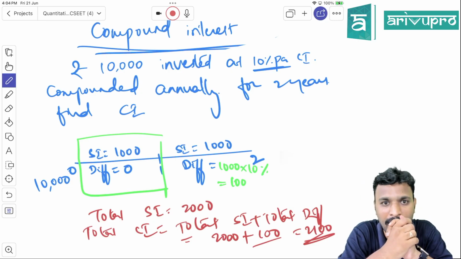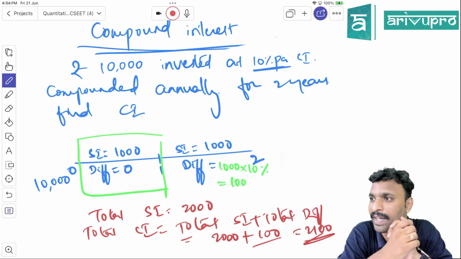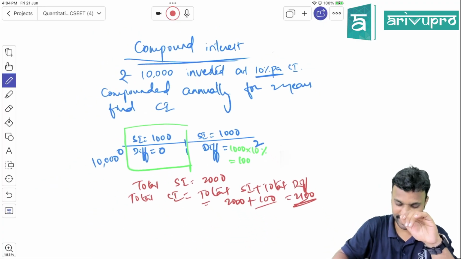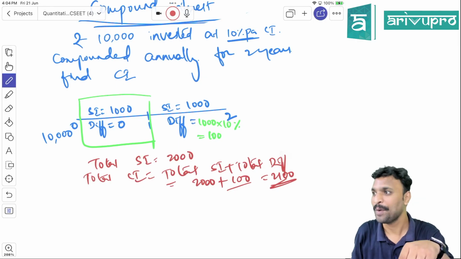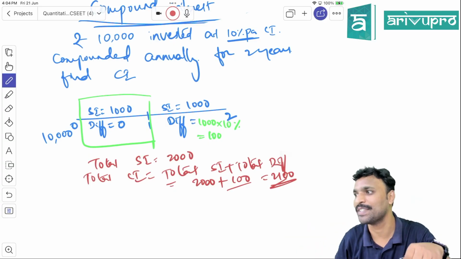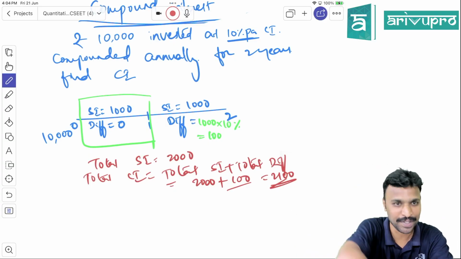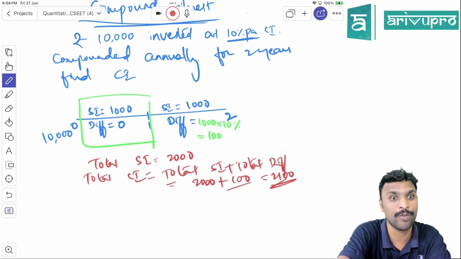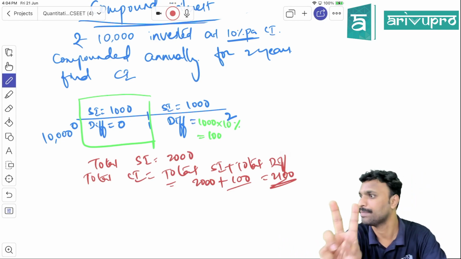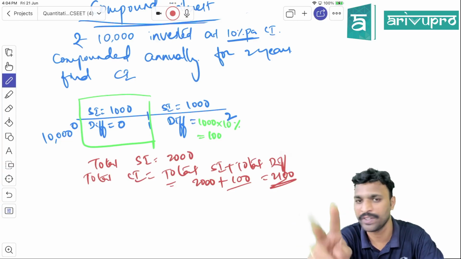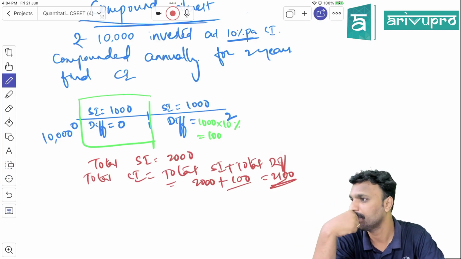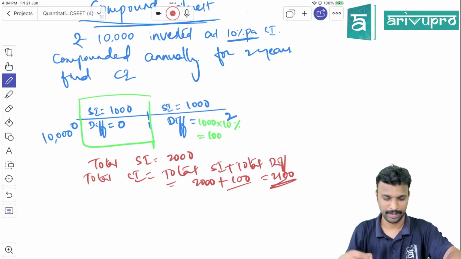Understood? Everyone clear? Sure. Do one more. I explained this to make you understand, but you need not even visualize this. What you have to do, tell me? Find SI for 1 year. Take 10% on it. This is to find what? CI for 2 years. For 3 years, we will see later what to do.